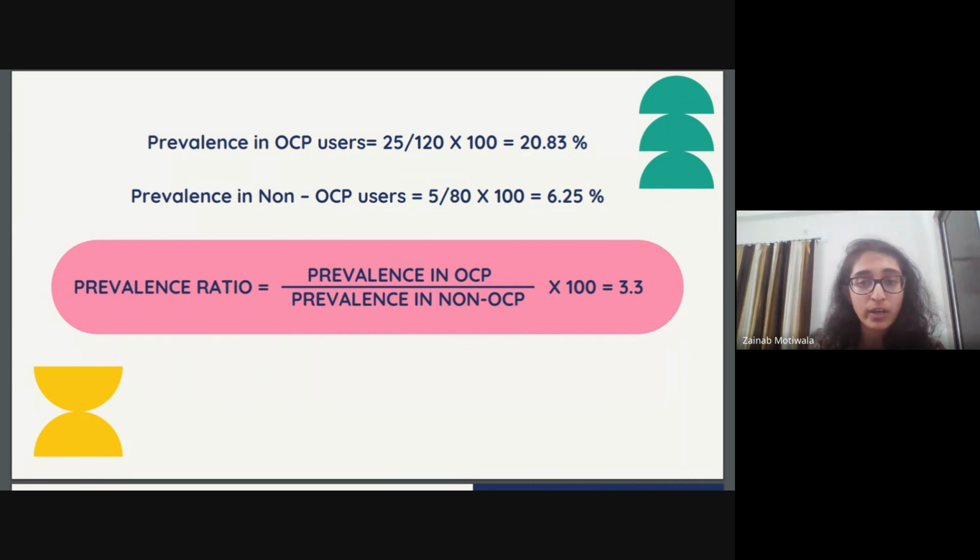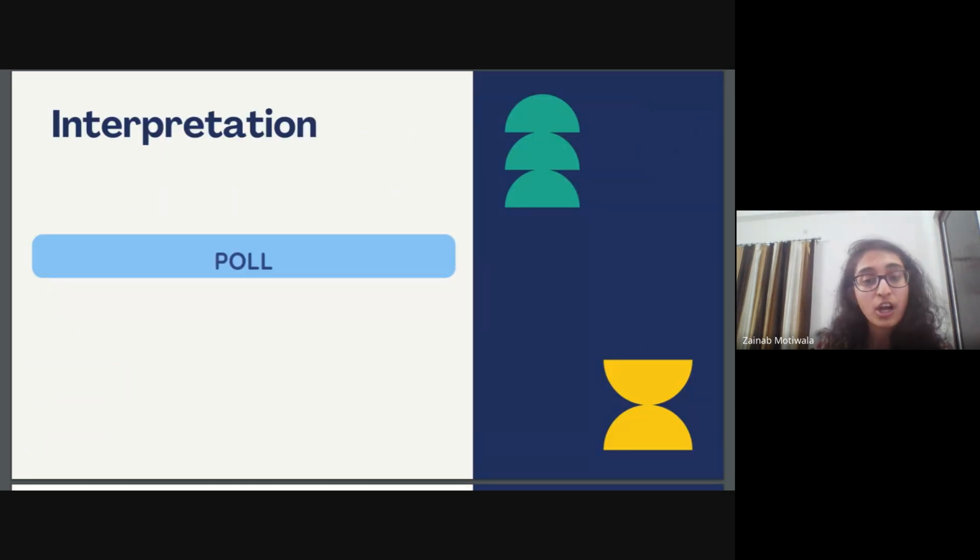So it would be 25 upon 120 into 100 and 5 upon 80 into 100, and then just the ratio of the two. Now, in this particular example, after calculation, 3.3 was found to be the ratio. Now let's talk about interpretation.